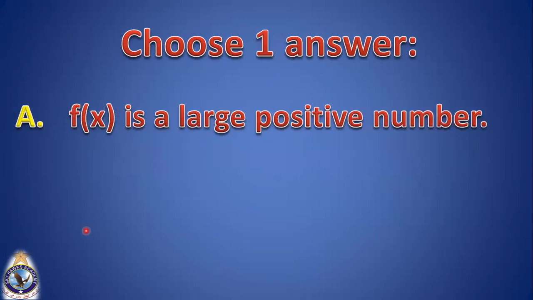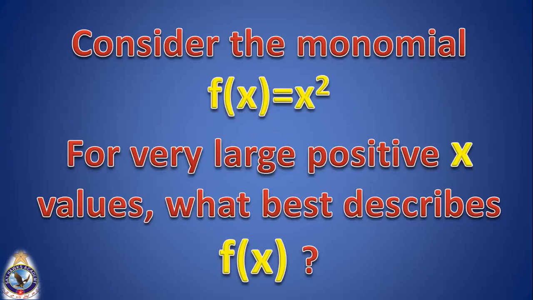So consider this polynomial, this function, and keeping this, you can write down f(x) is equal to x squared, and the question is this.